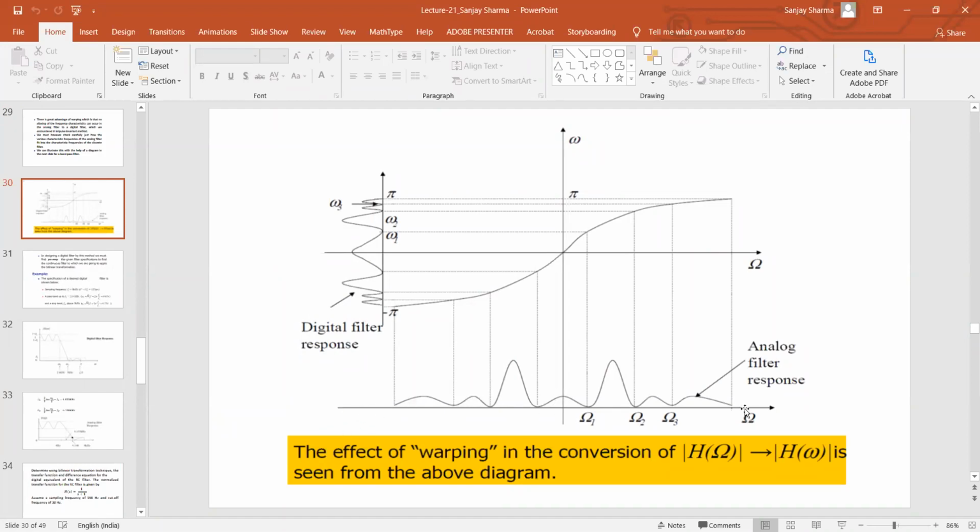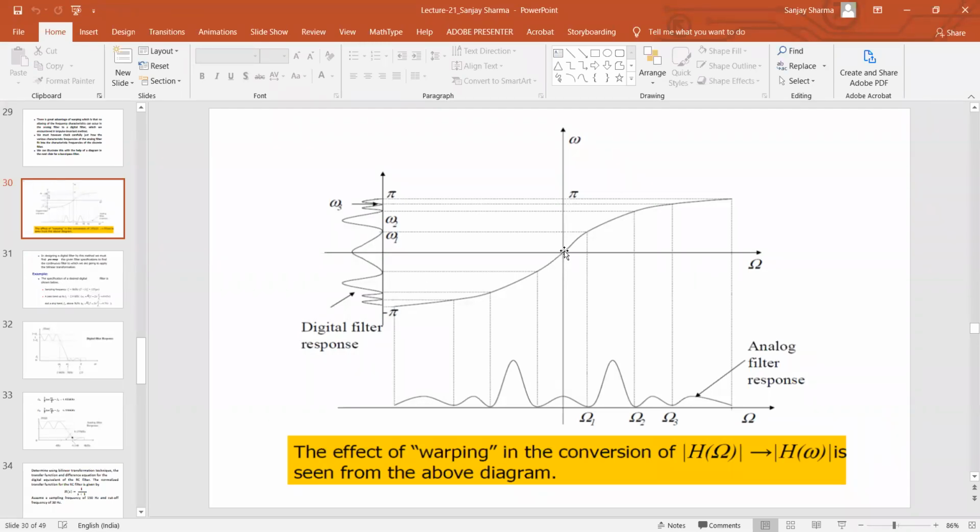This axis is the analog frequency. We are dealing with a band pass filter. This is the analog frequency axis along the x-axis. The y-axis is for small omega, which is the digital frequency. This is the origin where my cursor is.